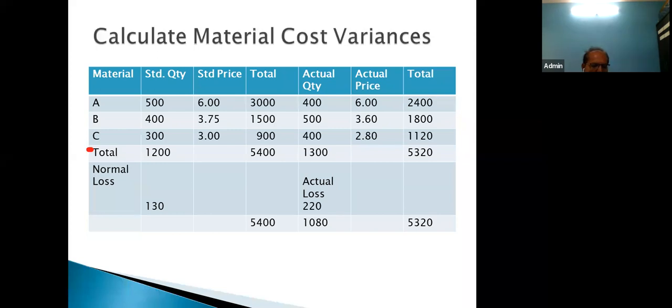So this way it comes to 541. दूसरा आपण कॅल्क्युलेट करून घ्या. बी प्रॉडक्ट 400 upon 1200 multiplied by 1300. प्रत्येकाने करून बघा. How much it is coming?